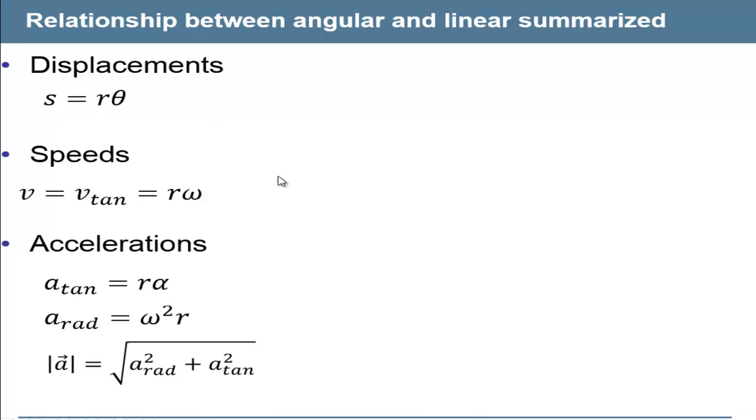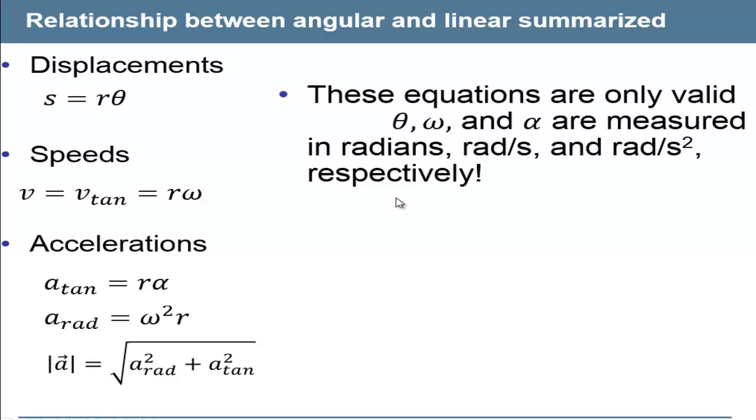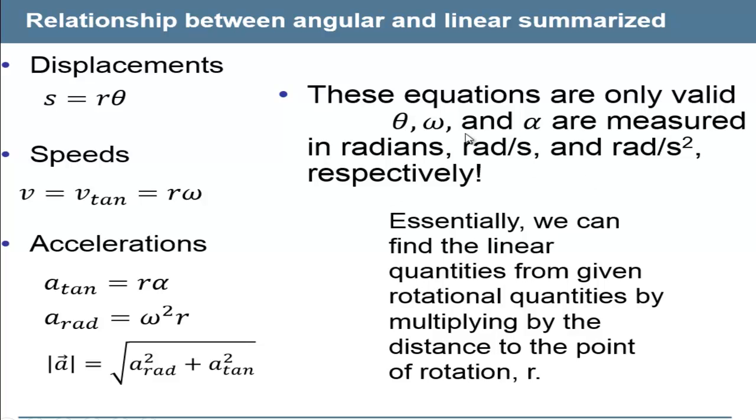Of course, these equations are only valid when theta, omega, and alpha are all measured in radians, radians per second, and radians per second squared, respectively. We have to have everything in terms of radians because that's how we derived these equations in the first place.